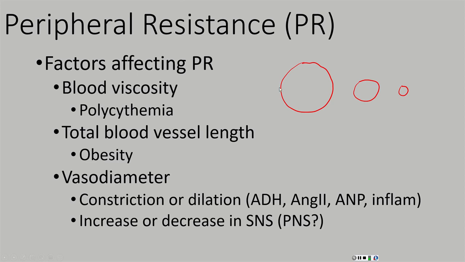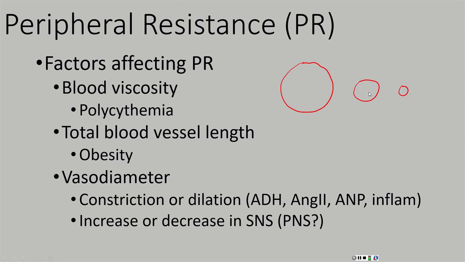It now has a larger vasodiameter. Or if we take this vessel and we constrict it, we make it smaller. It has a smaller vasodiameter. So vasoconstriction makes the vessel smaller. Vasodilation makes the vessel larger. So we can change vasodiameter.